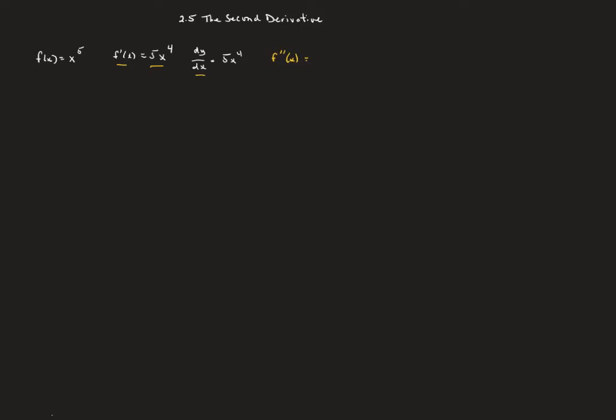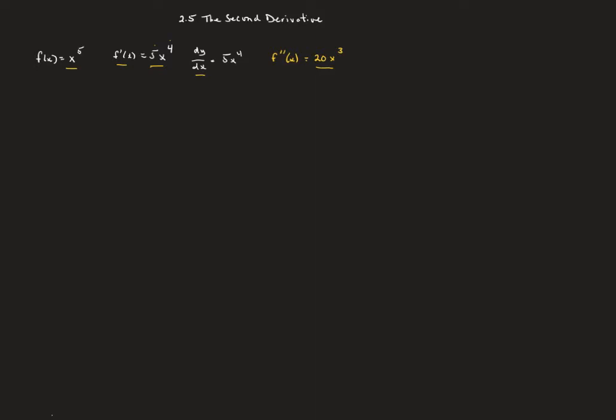And so we write it f double prime, and now we bring that 4 times the 5 is 20. We subtract 1 from that exponent 4, and it becomes x to the third. So f double prime of x equals 20x to the third, or 20x to the third is the second derivative of f of x equals x to the fifth.